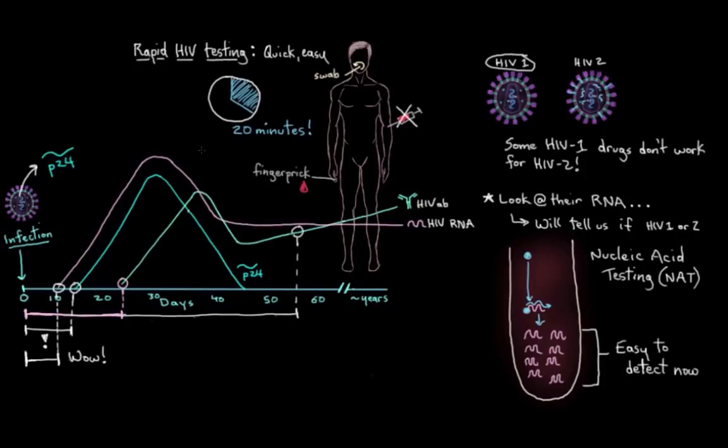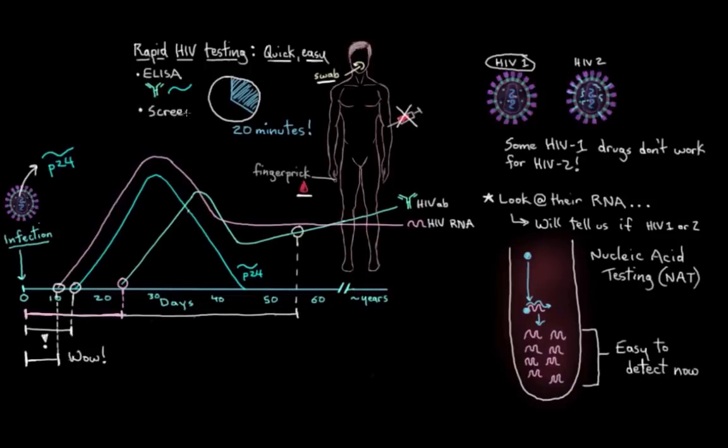So these rapid HIV tests, they work by the same ELISA method I talked about earlier. They check for the presence of HIV antibodies and P24 protein, which you can detect in your saliva and of course in your blood. So the slight issue with rapid tests is that even though they're quick and they're easy and they're cheap, their accuracy is a little bit less than the conventional tests we talked about earlier.